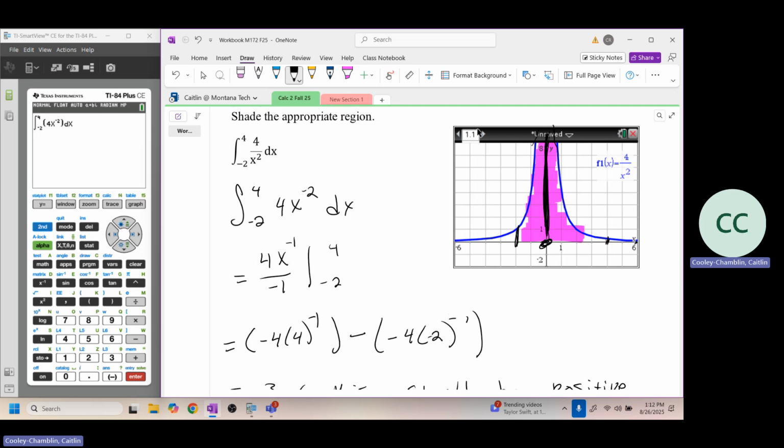This line never meets, this line never meets. So we have this volcano that's going up to infinity, and there's an infinite amount of area under here. So the area is an infinite amount, definitely not -3 based off the picture.